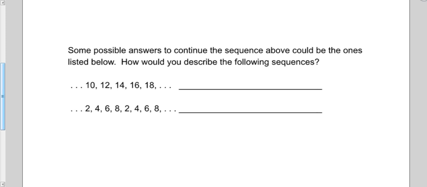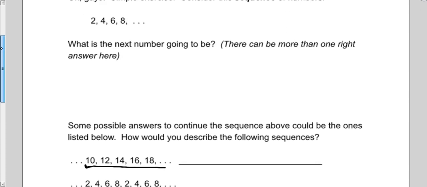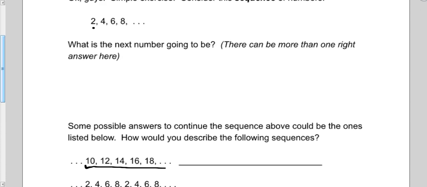Now, some possible answers that you might have come up with to continue the sequence are right here. Some of you might have decided to continue by adding 2 every time, because if we look up here, I started at 2, and then how did I get to 4? Well, one way is to add 2.